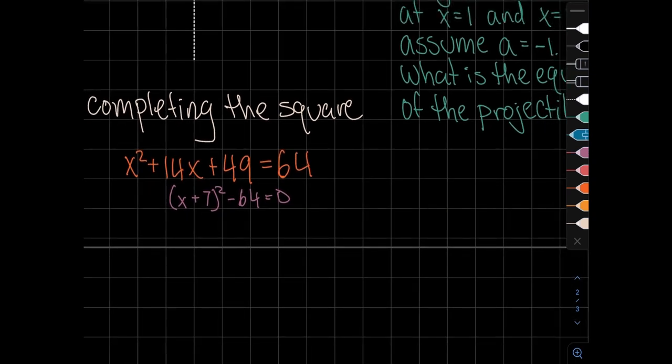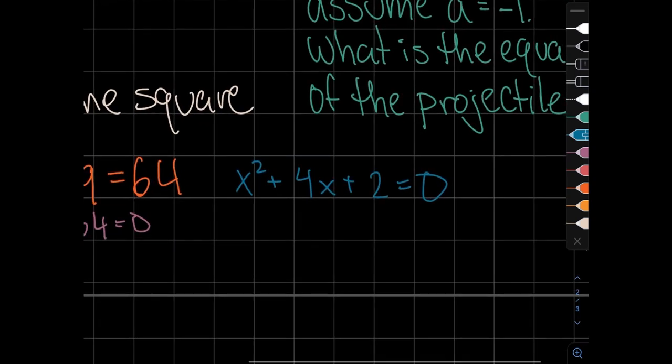Now, what if you need to complete the square in a different way, where you need to add things on? Well, x squared plus, I'm going to make this up on the fly. I'm honestly not sure if this is going to work. We'll do 4x plus 2 equals 0.